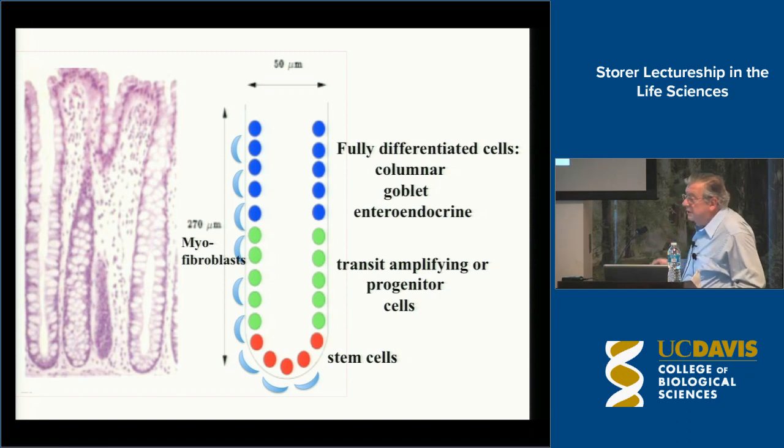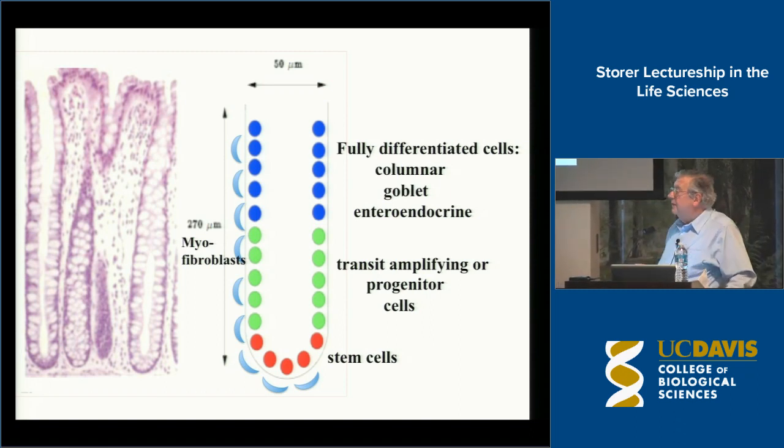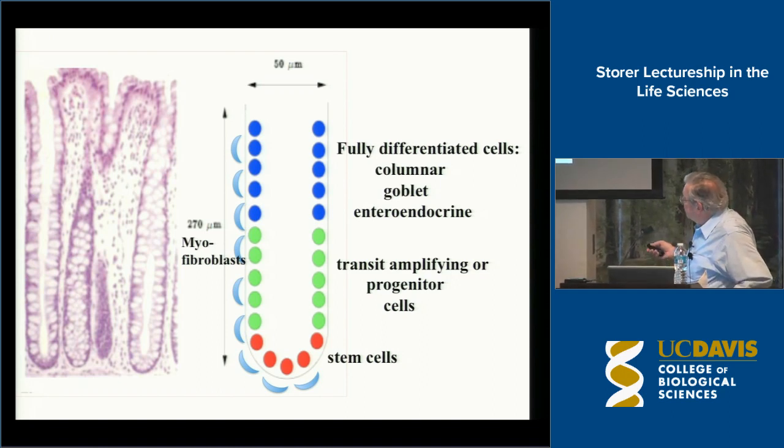And this whole structure turns over in all of us every few days, 3 or 4 days. It's an enormously active turning over system, so that by the time you're my age, it's turned over many hundreds of times. And so when you have tumors, the tumors are derived either from the stem cells or later from the transit amplifying cells, and the mutations that give rise to the cancer have to occur in the stem cells initially, because it's only those that give rise to a permanently growing cell population.